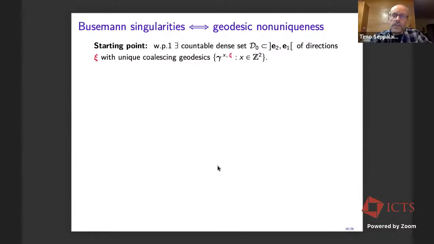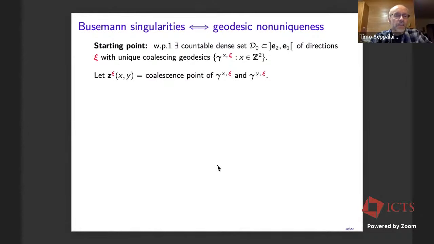So the starting point is that we have these countably many nice directions. Remember that for any fixed direction, we can prove all the nice properties with probability 1: unique geodesics, coalescing. So we can do that for a countable dense set of directions. That gives us sort of a skeleton around which we can then build, and we can try to fill in the gaps between these nice directions.